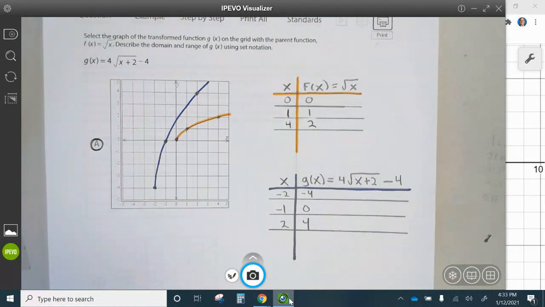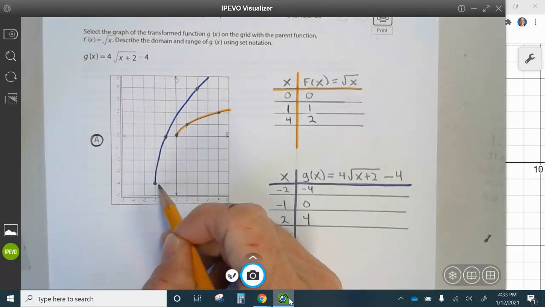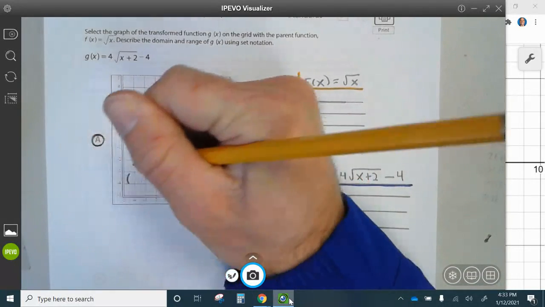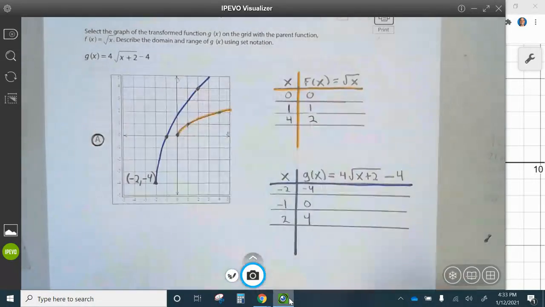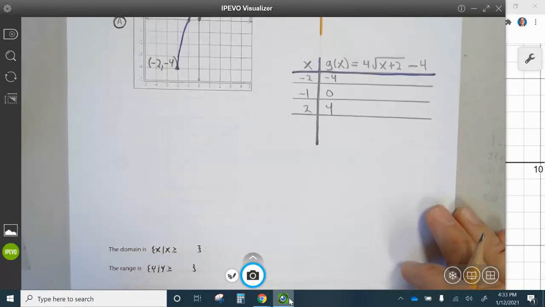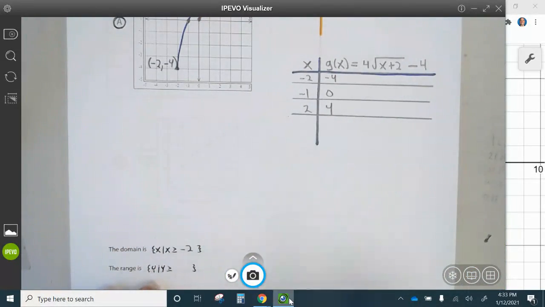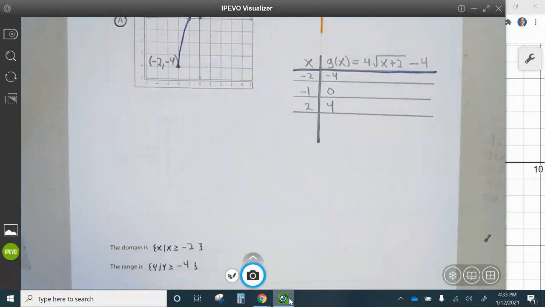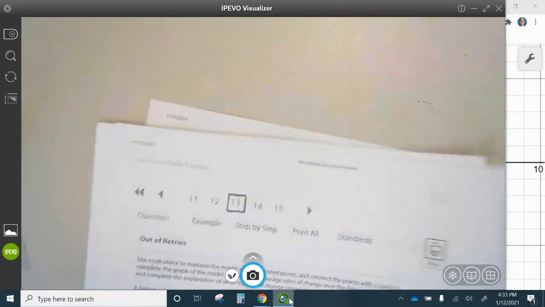Now the important point for domain and range is this point right here, and that point is -2, -4. So the domain is x greater than or equal to -2 and y greater than or equal to -4. Okay.